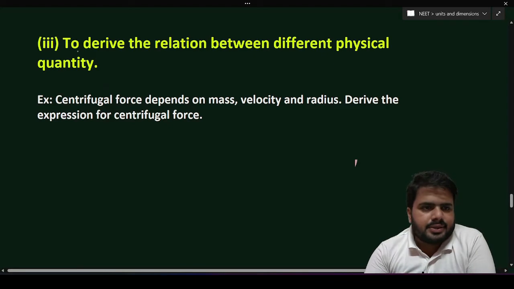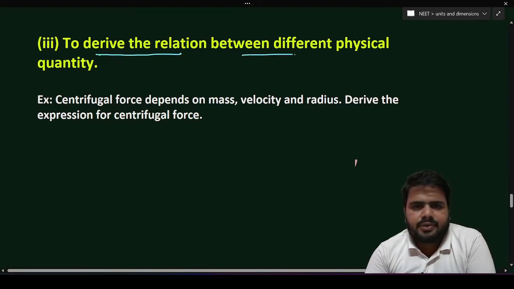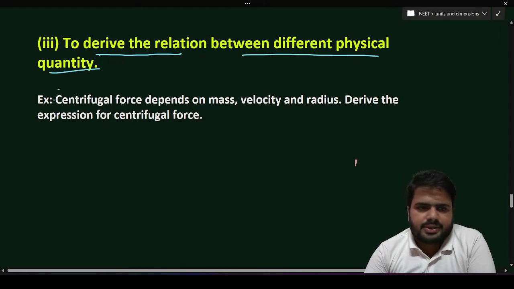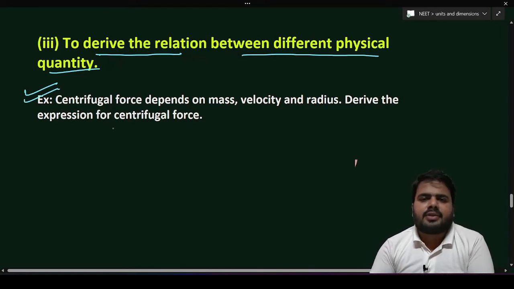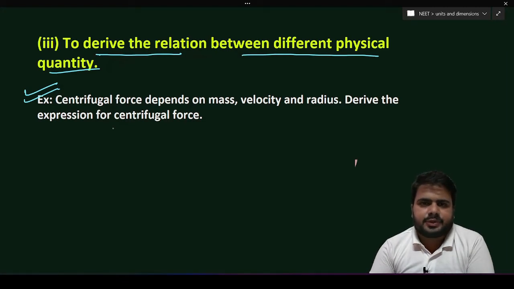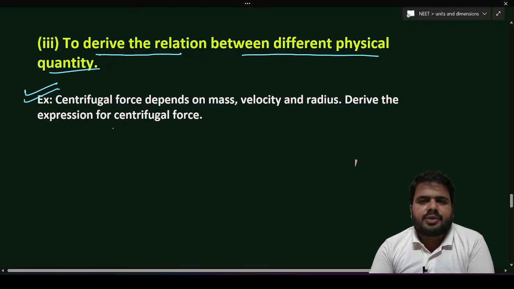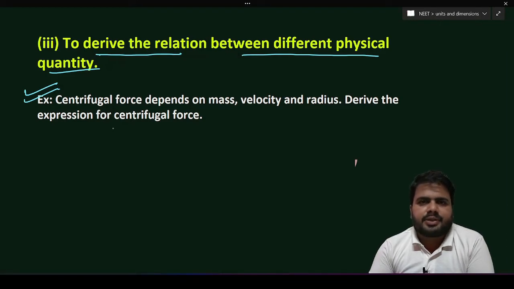Okay, so the third application is to derive the relation between different physical quantities. This is also a very important question. In this application we will find the relationships between different physical quantities, or we are going to derive some equations, or find some formulas according to the parameters given in the questions.